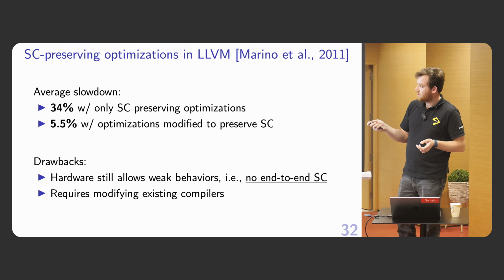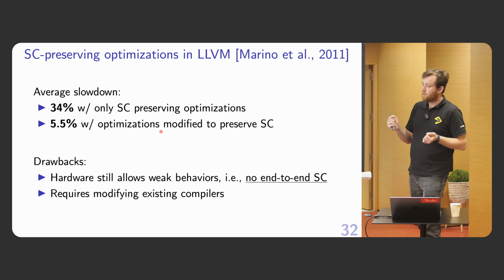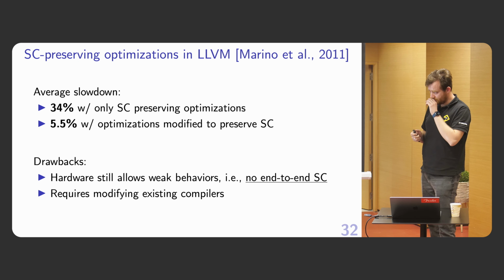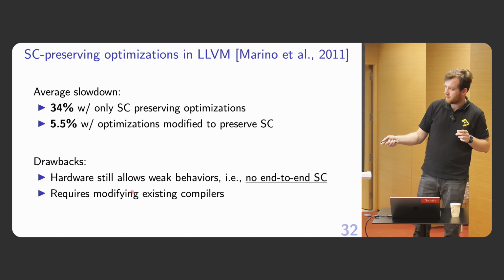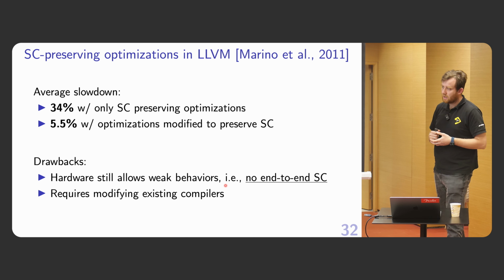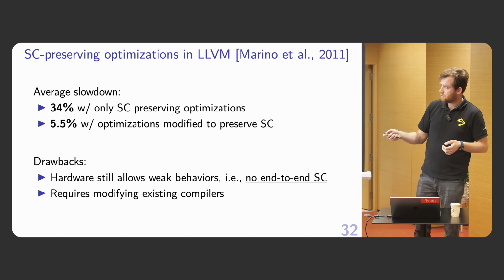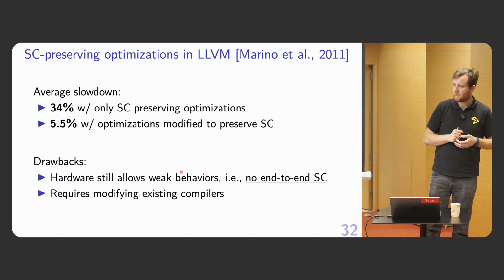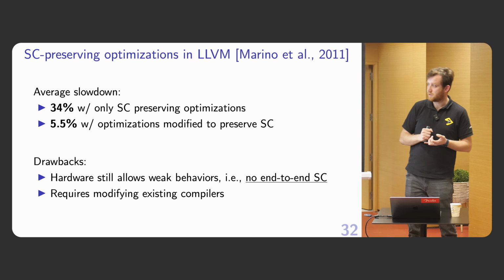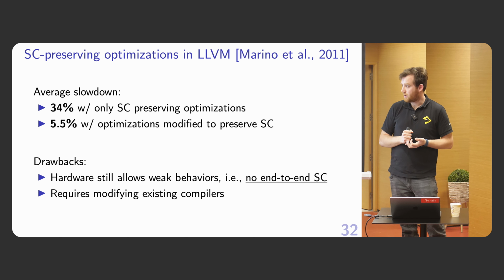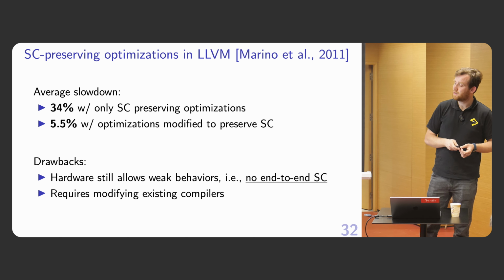However, it might not be that much, although you still don't get sequential consistency, because hardware could still get your program to weak behaviors. The other drawback of this approach is that you'll have to modify existing compilers, and it's a lot of work, so this is not what most compiler developers would like to do, right?